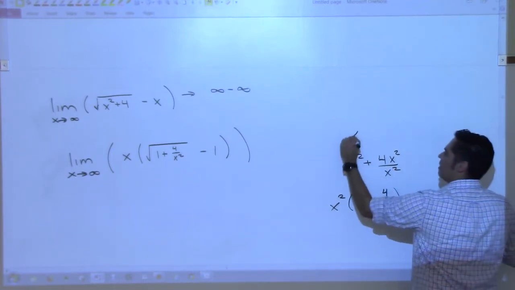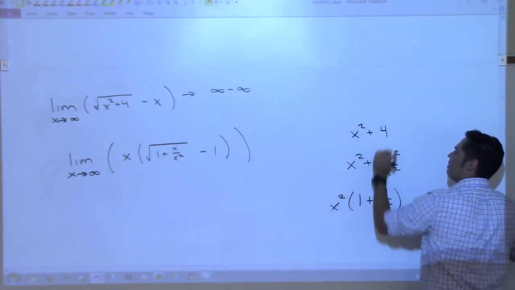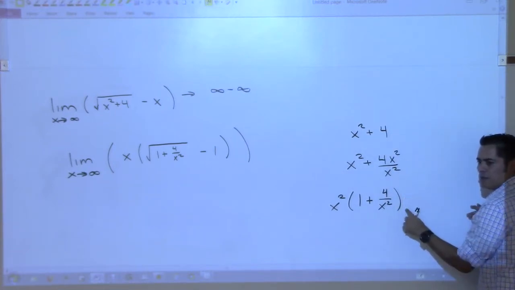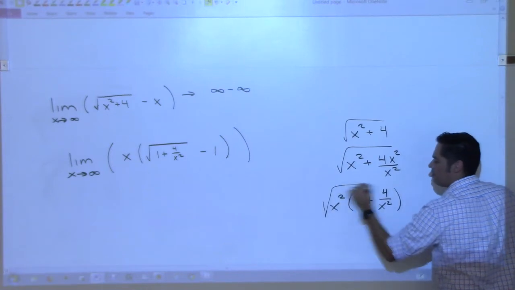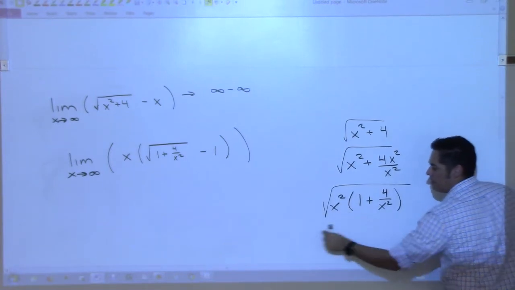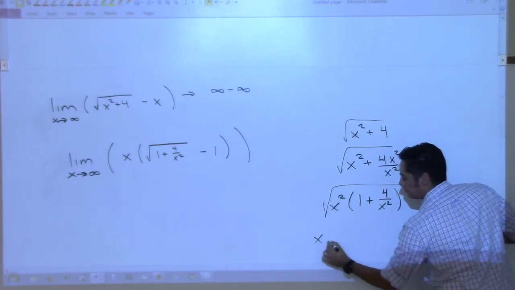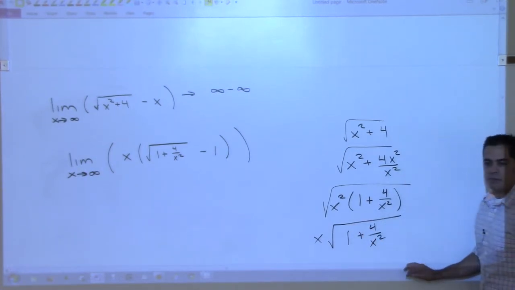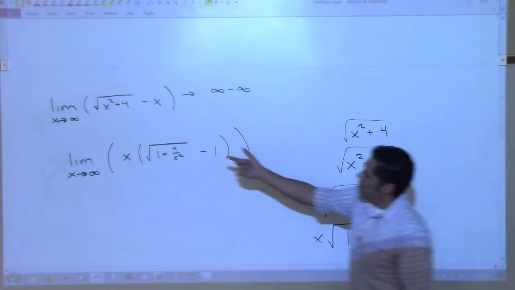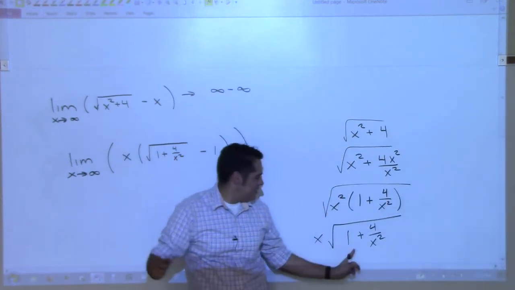So you told me that this was x squared plus 4, right? This is equal to this is equal to this. Now that's sitting under a root, so that x squared now can come out as an x. Now I'm rewriting that as that.